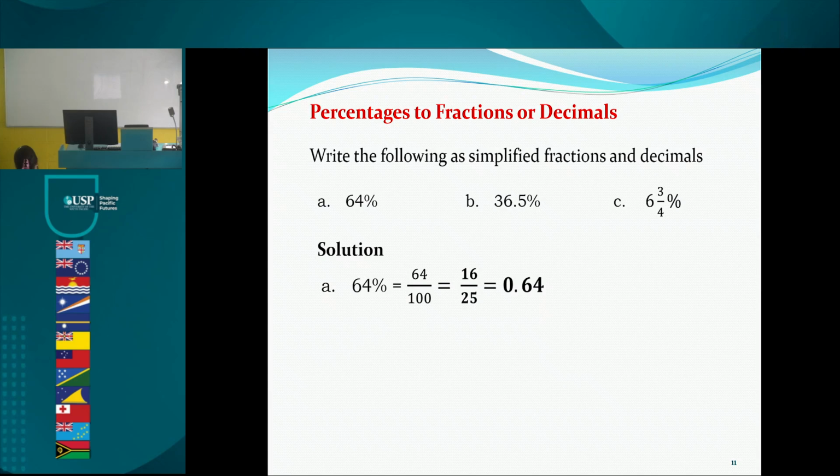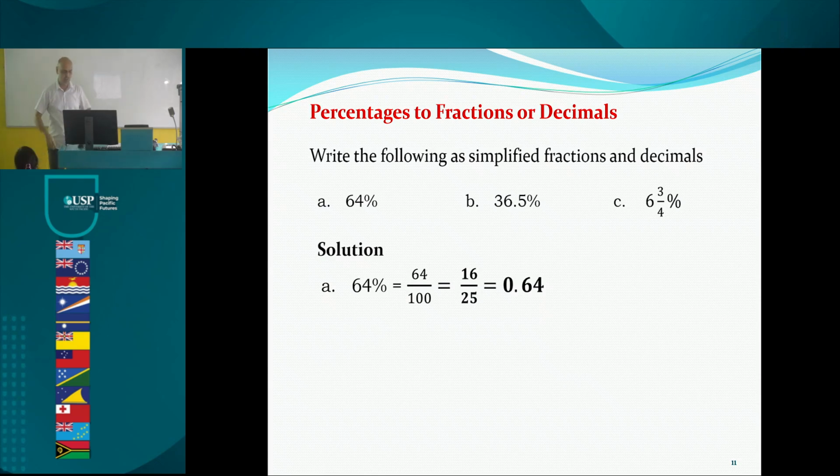So this is the fraction in its simplified form. It says, write the following as simplified fraction. So that's my simplified fraction and that is my decimal. Are we there? So not only are you writing it as a fraction, like my friend said, 64 over 100, you are writing it as a simplified fraction and you are converting it into a decimal.